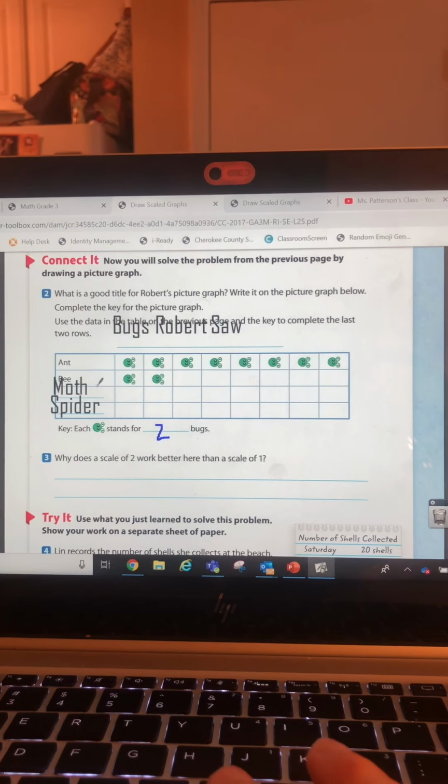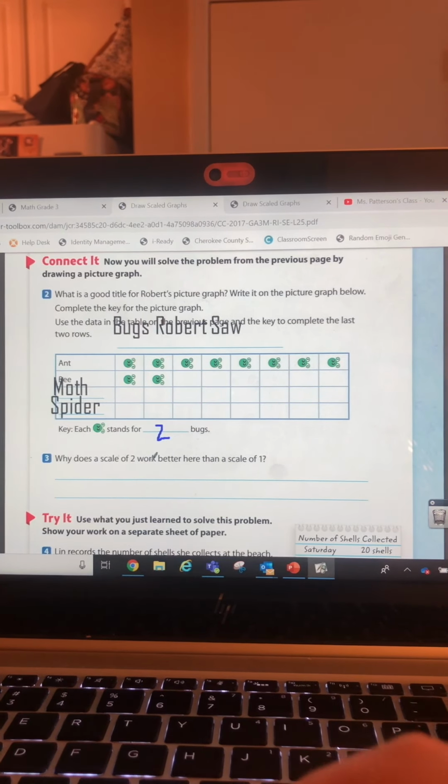Now the bee I see has 4. There are 4 bees. So it's like saying 2, 4. Now moth, there are 6 moths. So how many bugs am I going to have to put for moth?